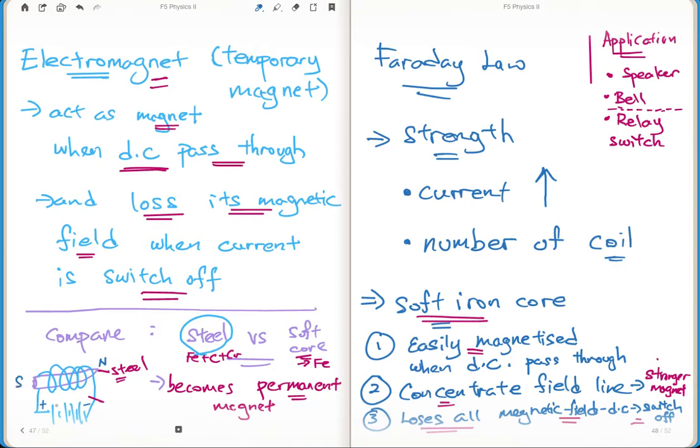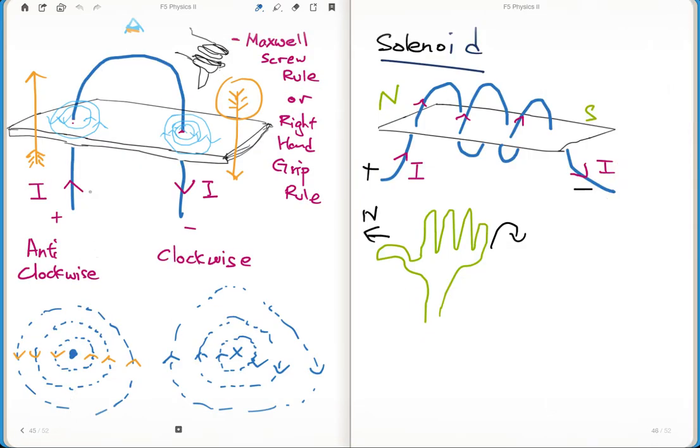So the right hand grip rule is used to identify the direction for a solenoid, as well as for a straight wire, where you use the right hand grip rule to find out the direction of the magnetic field.